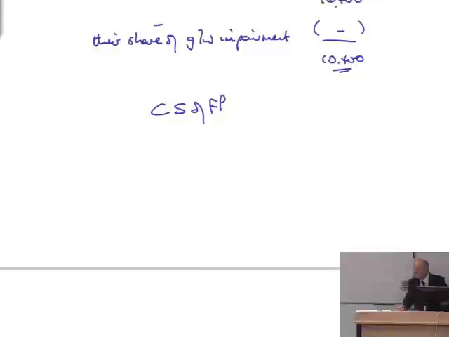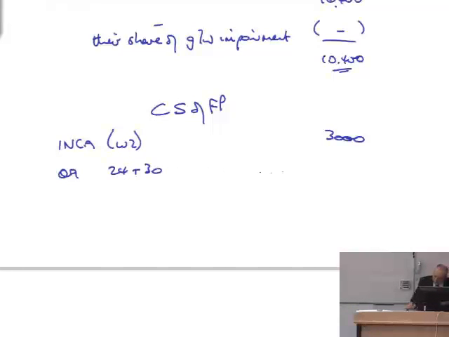Günther? Intangible non-current assets. It's in working 2, and it's 3,000. Other assets, 24 and 30. Total assets, 57.